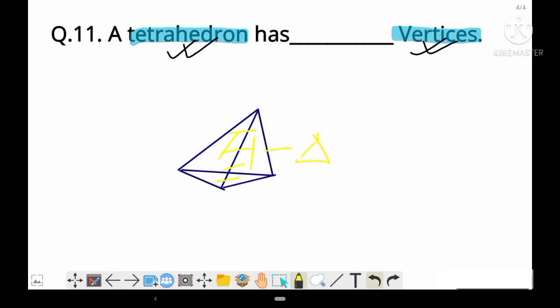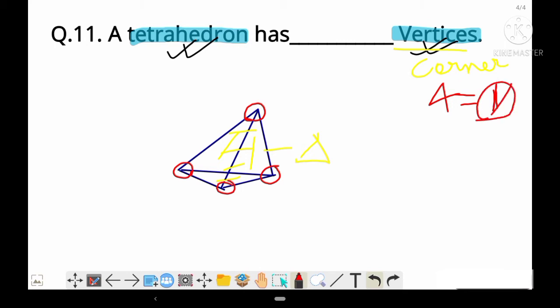Vertex means corners, right? So let us count the corners. 1, 2, 3 and 4. It means it has 4 corners, so it has 4 vertices. So the answer will be 4. Now let us move to question number 12.